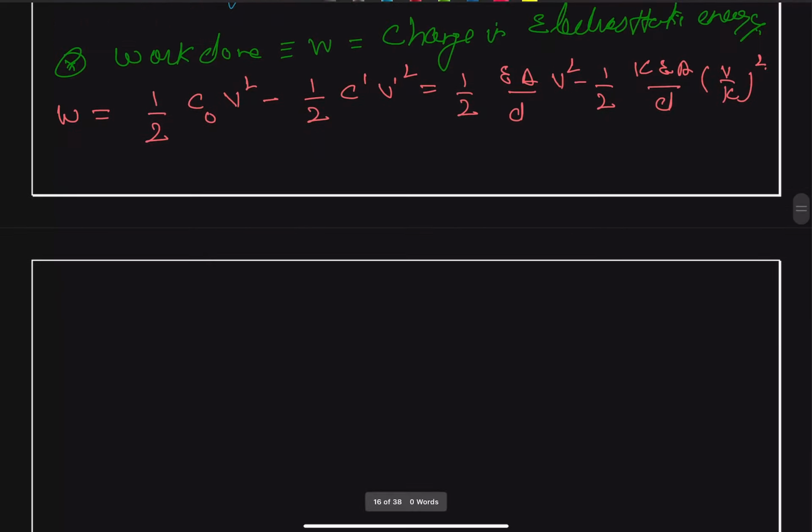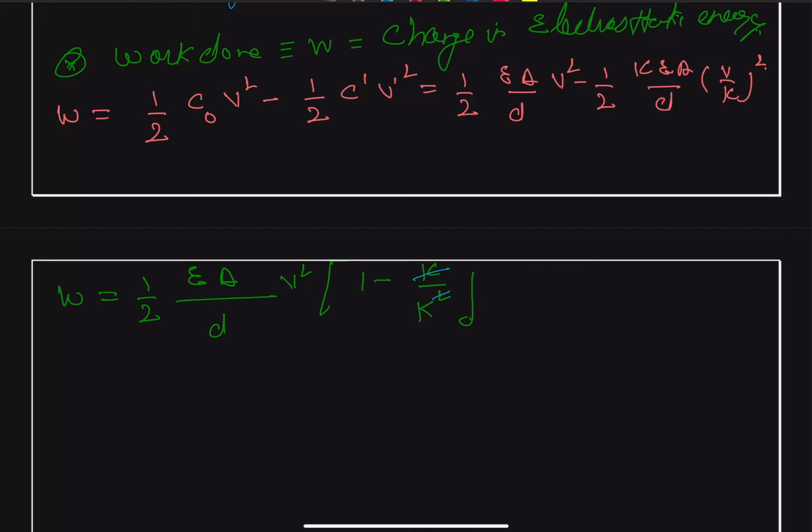So we can take common, and we get our work done will be equal to half epsilon naught A upon d, and we can also take V square as common. So this comes as 1 minus K upon K square. This square goes with K.